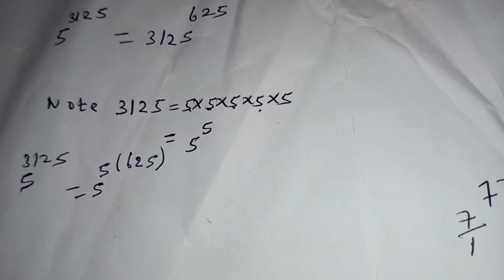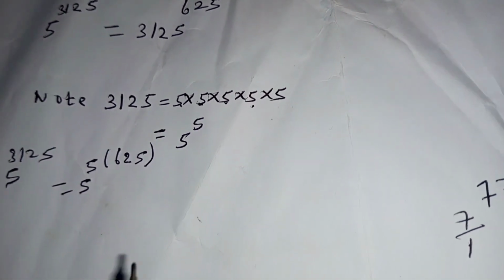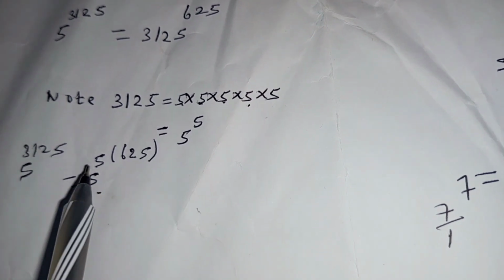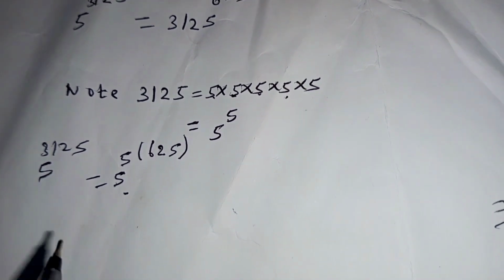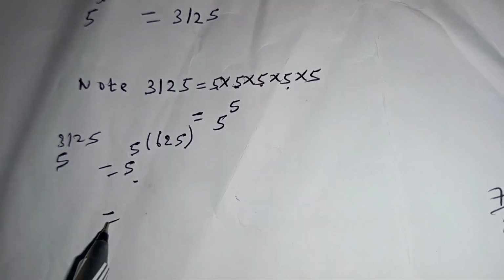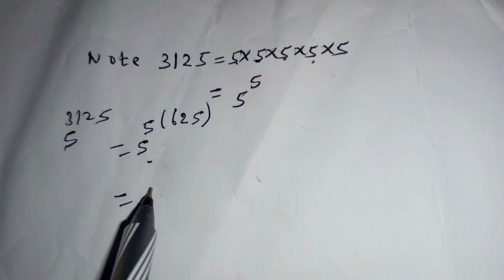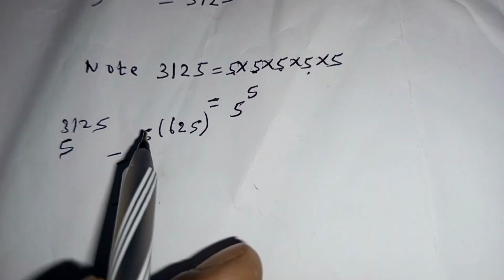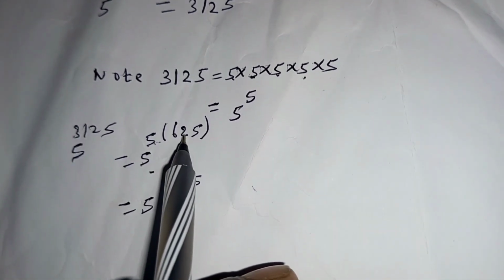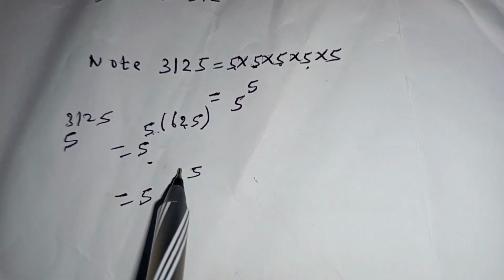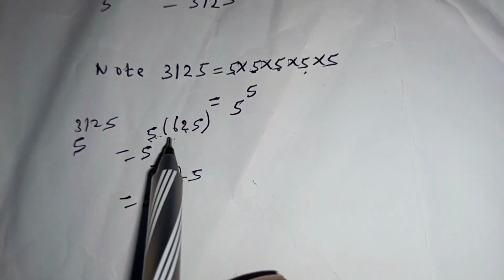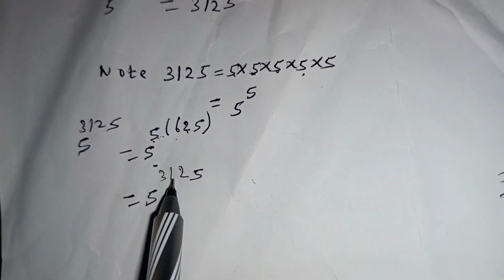On the right hand side, we can substitute that 3125 with 5 to the power of 5, which is equal to 5 times 5, we have, it is 25. 5 multiplied by 2 is 10 plus 2, 12, carry 1. 5 times 6 is 30 plus 1, that's 31.